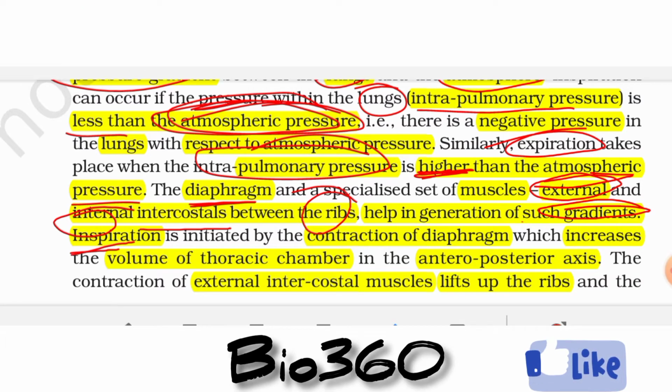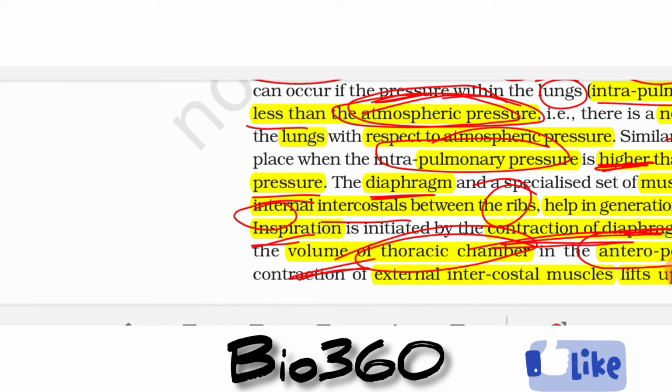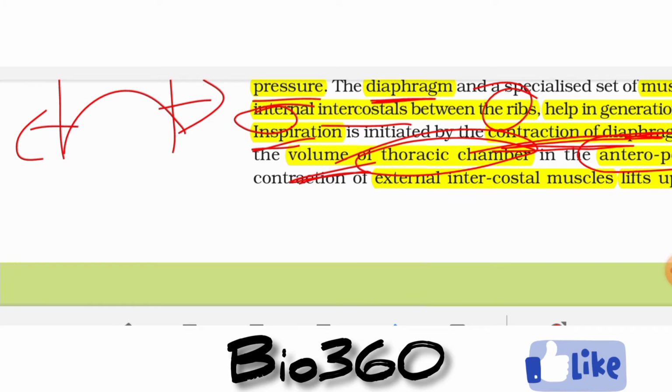Inspiration is initiated mainly by the contraction of the diaphragm, which causes an increase in the volume of the thoracic chamber in the anterior-posterior axis. As you can see, the diaphragm, which is in dome shape, due to the contraction of its muscles will change its shape to flat.